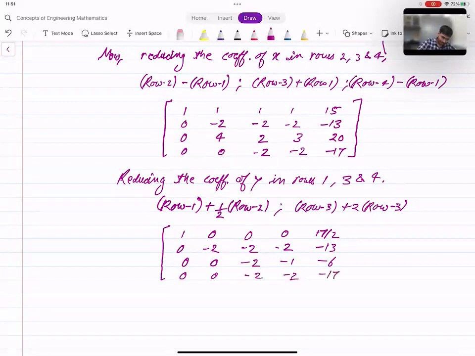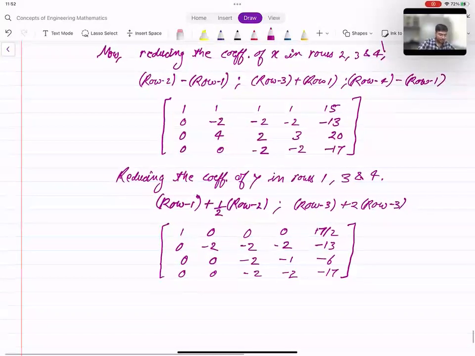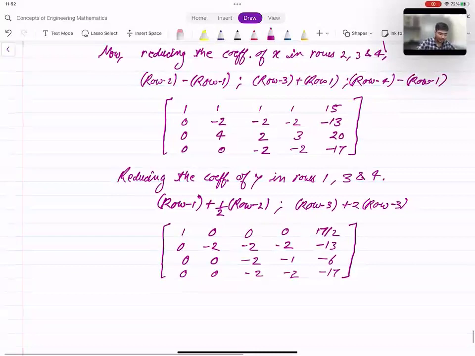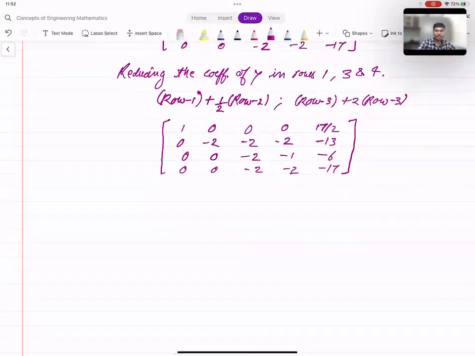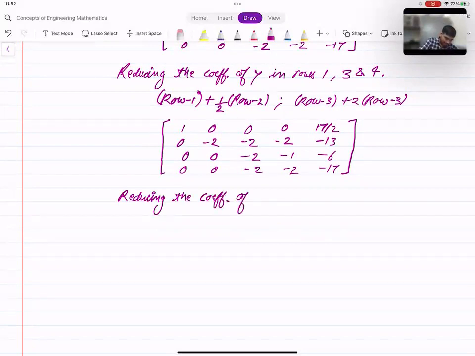In this way we have now reduced the coefficient of y in rows 1, 3 and 4. Now we need to reduce the coefficients of z, and that will be done in rows 1, 2 and 4. So reducing the coefficient of z in rows 1, 2 and 4.